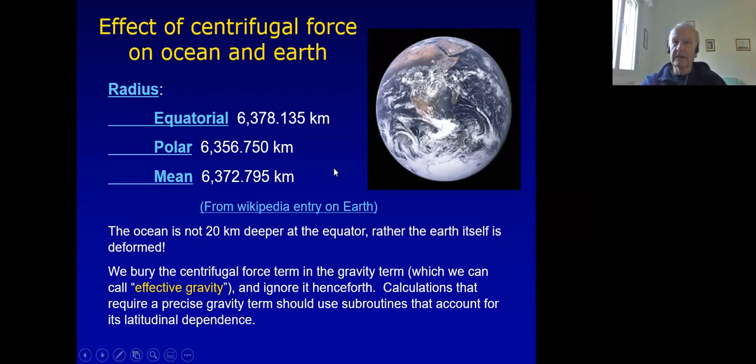So in other words, the Earth is ellipsoid, is of elliptic form, because of the changing of the centrifugal force with latitude.